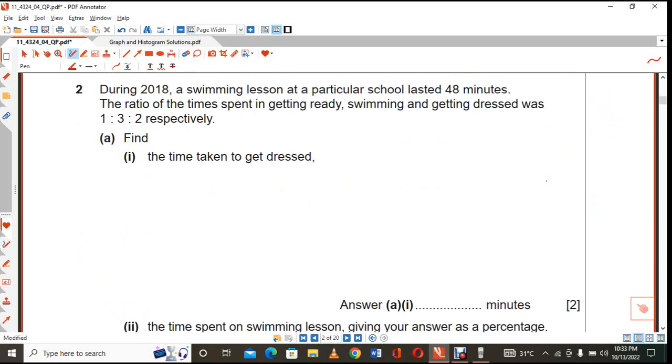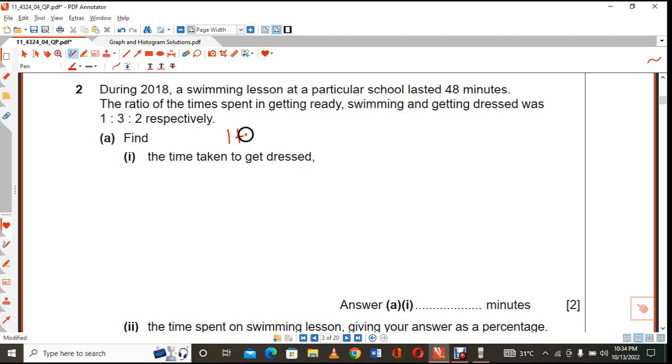Question 2. During 2018, a swimming lesson at a particular school lasted 48 minutes. The ratio of time spent in getting ready, swimming, and getting dressed is given as 1 to 3 to 2, as you can see. So find the time taken for the person to get dressed. So you're going to add the parts.